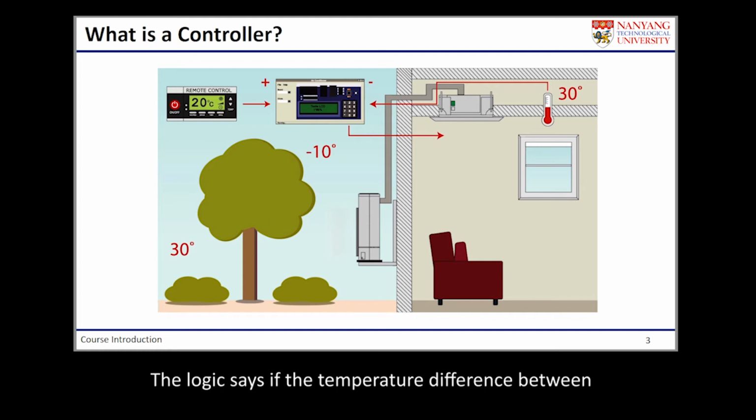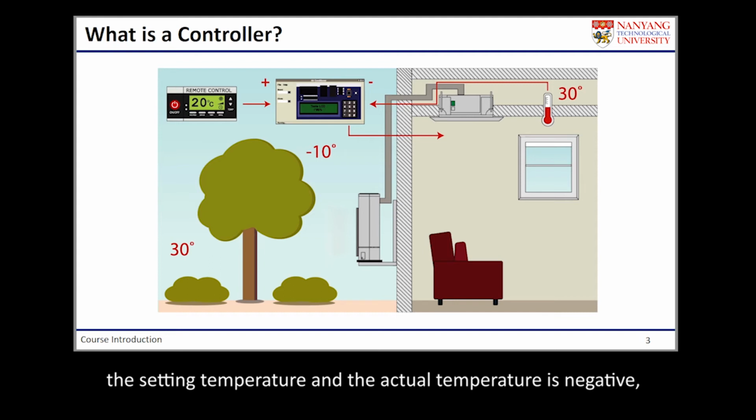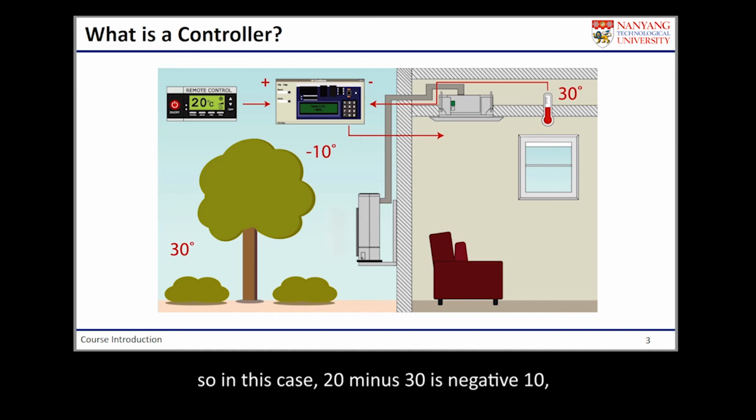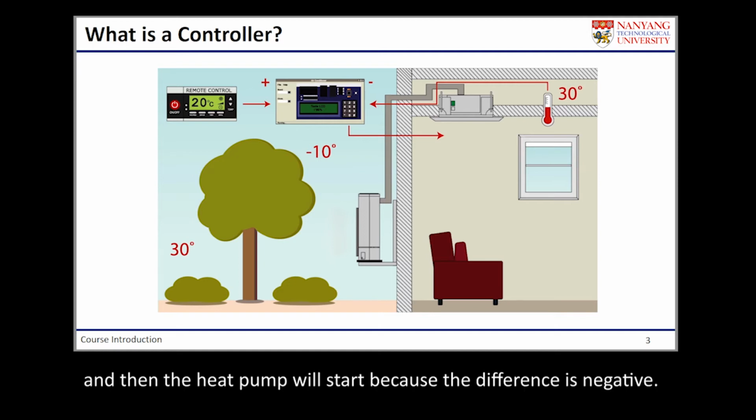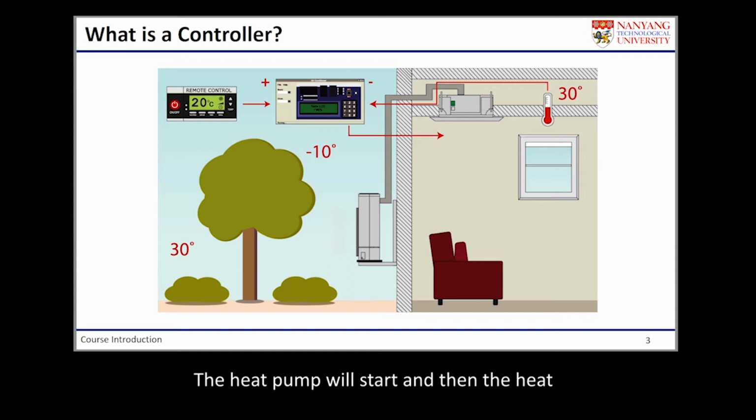The logic says if the difference between the setting temperature and the actual temperature is negative, so in this case 20 minus 30 is negative 10, the logic of the controller will dictate the heat pump to start. The heat pump will start because the difference is negative, and the heat from your room will be taken outside, right?